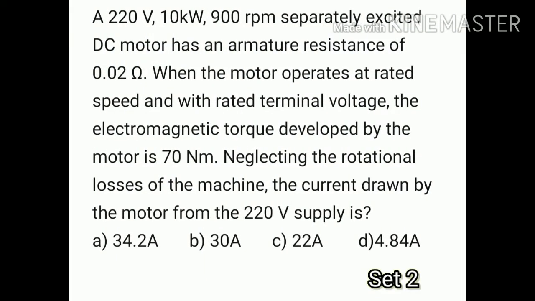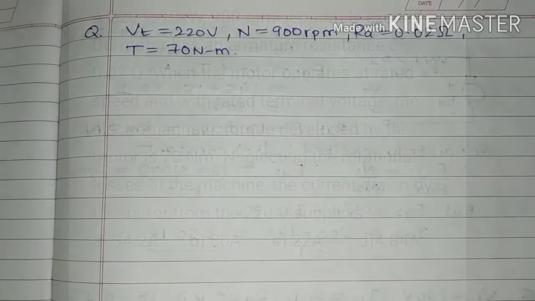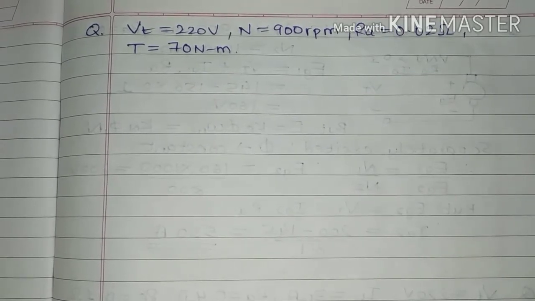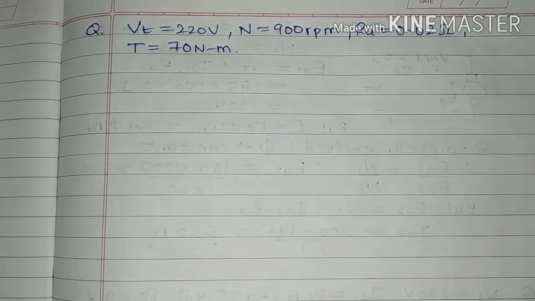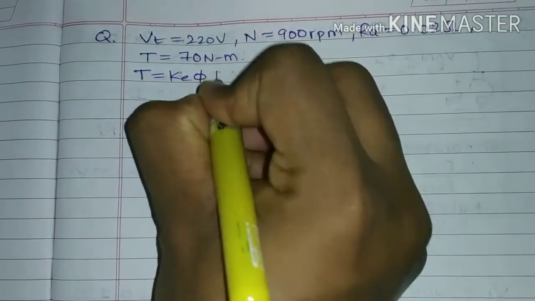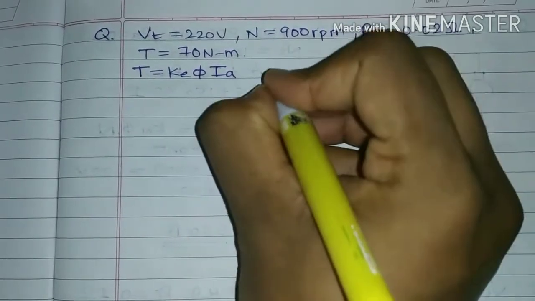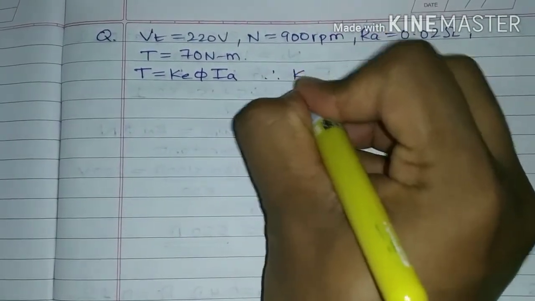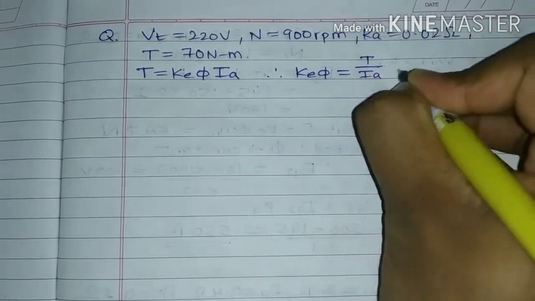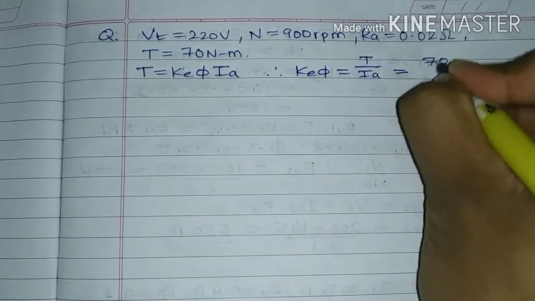In this question, we have to find out the current drawn by the motor. The terminal voltage, speed, armature resistance and torque are given in the question. We know that the torque T is equal to Ke into phi into Ia. Therefore, Ke into phi is equal to T upon Ia, which is equal to 70 upon Ia.